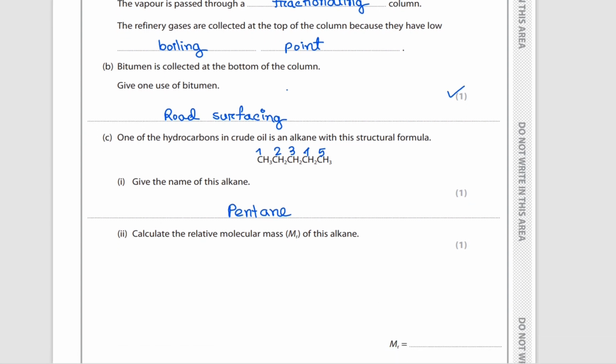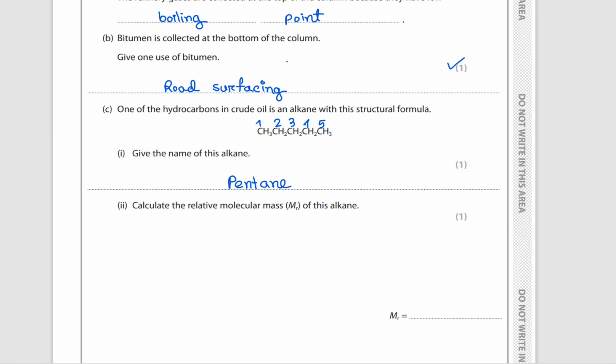Calculate the relative molecular mass of this alkane. We already know it has 5 carbons and it has 1, 2, 3, 4, 5, 6, 7, 8, 9, 10, 11, 12 hydrogens. The Ar of carbon is 12 and the Ar of hydrogen is 1. So we can write it as Mr of 5 carbon plus 12 hydrogen.